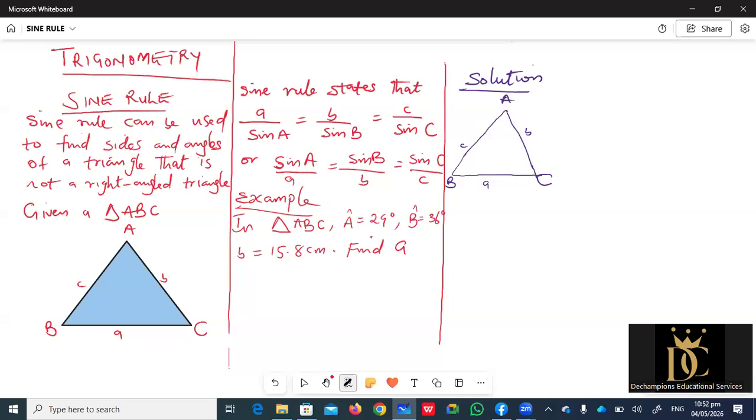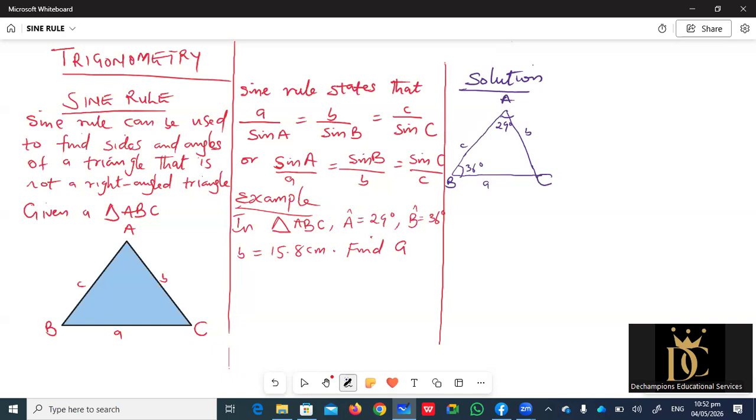So from our question, angle A is given to be 29 degrees. So here will be 29 degrees. Angle B is 36 degrees. So here will be 36 degrees. And side b is 15.8 centimeters.